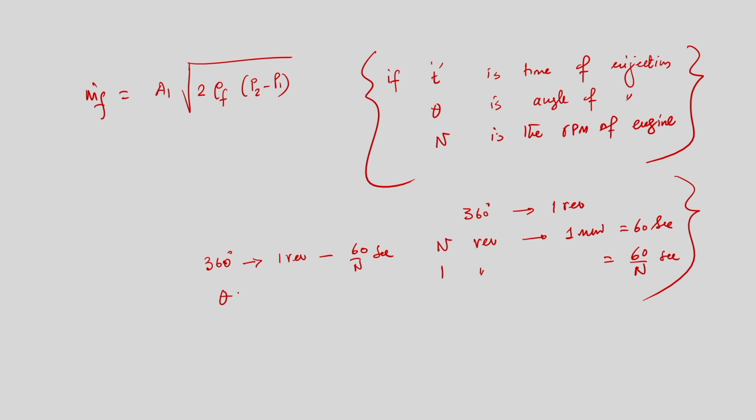So, for theta angle of injection, it will be 60 by 360 into n into theta seconds, that is nothing but theta by 6 n seconds. If theta is the angle of injection and n is the RPM of the engine, the injection time will be theta by 6 n seconds.